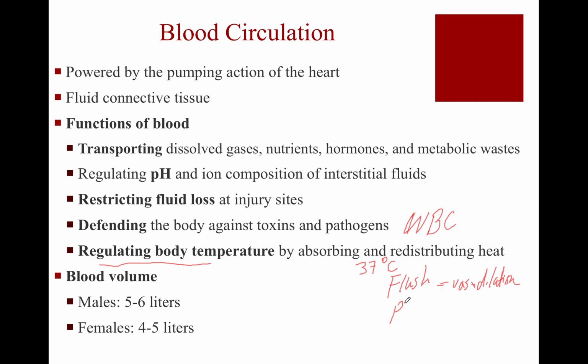And when you're cold, your skin turns pale, and that's because of vasoconstriction. Basically, by having changes in the diameter of the blood vessels, you can maintain your body temperature.